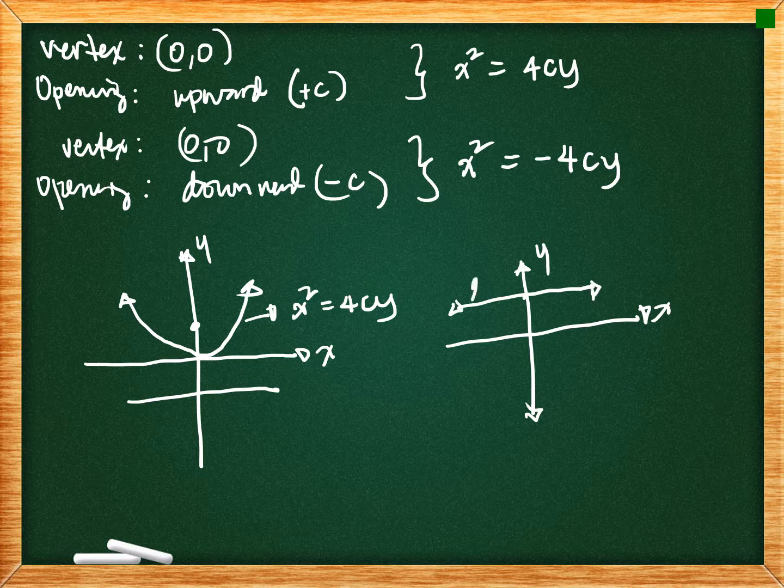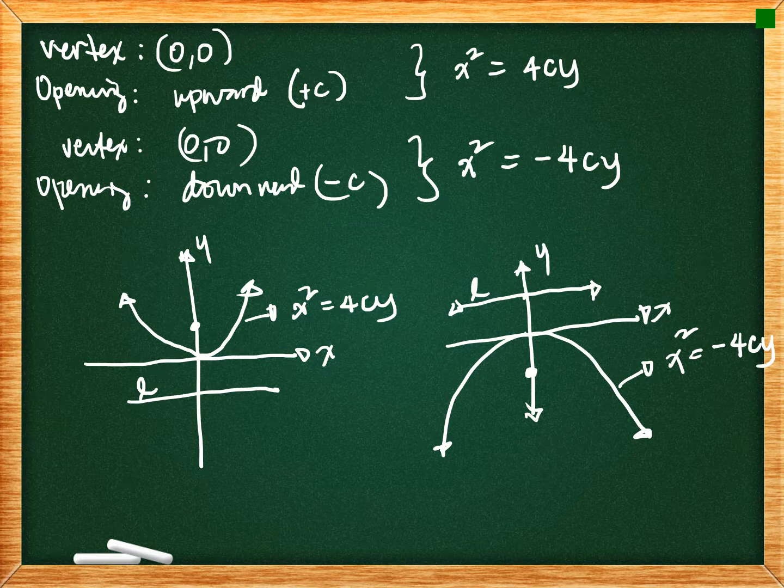Okay, this is our L. This one is our L for the first graph, and this is our focus. Therefore, the graph goes that way. All right, so the equation of this parabola is x squared equal to negative 4cy.